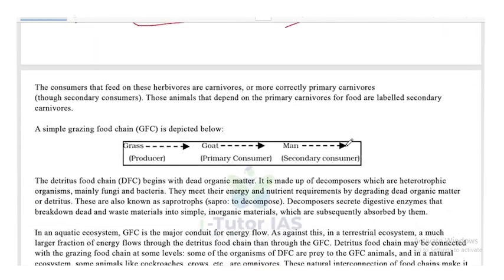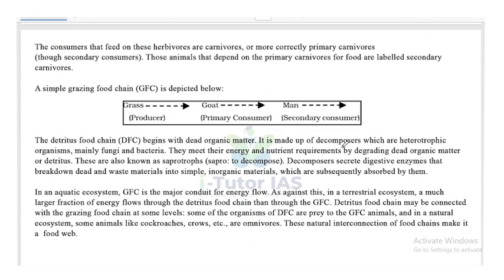Moving on, the consumers that feed on these herbivores are carnivores, or more correctly primary carnivores. So another term for secondary consumers is primary carnivores, though they are secondary consumers.